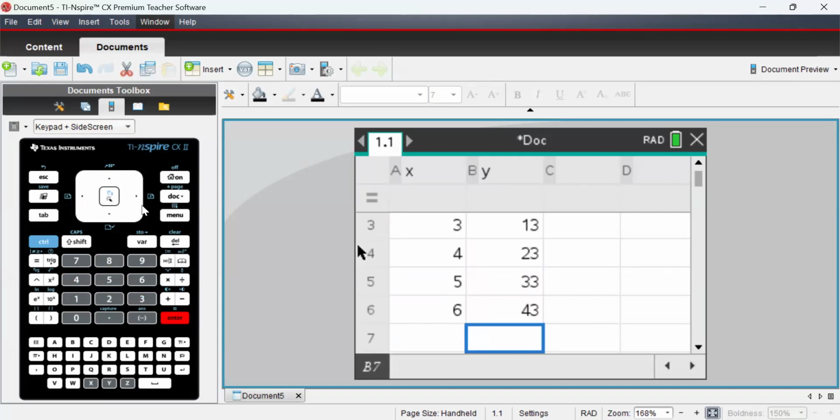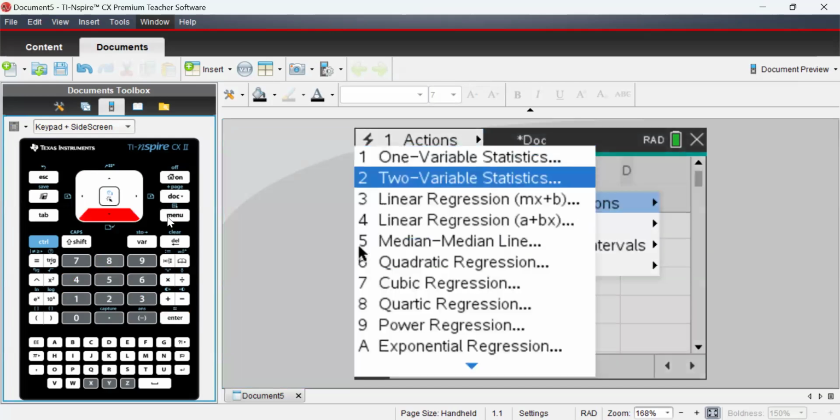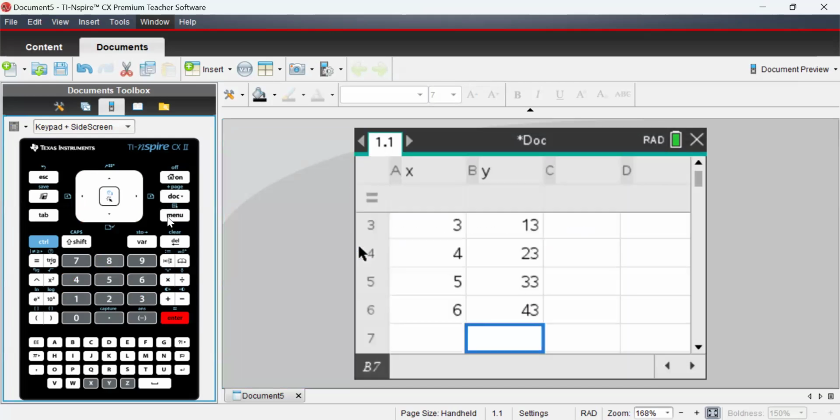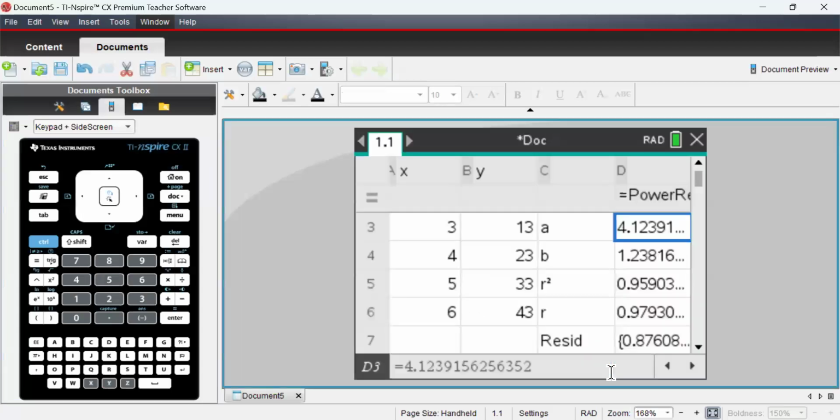First one they ask for is a power function. So I'm going to go through here. Power regression. Click OK. And let's use 2 decimal places.